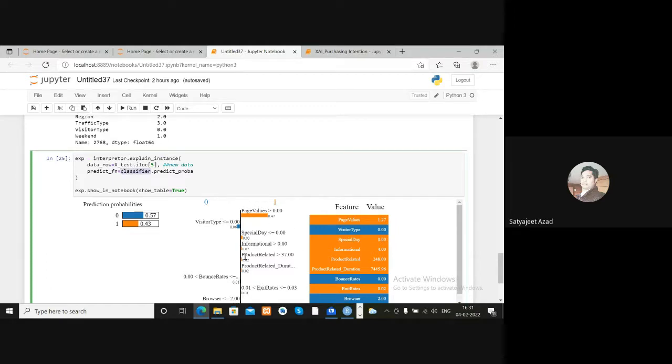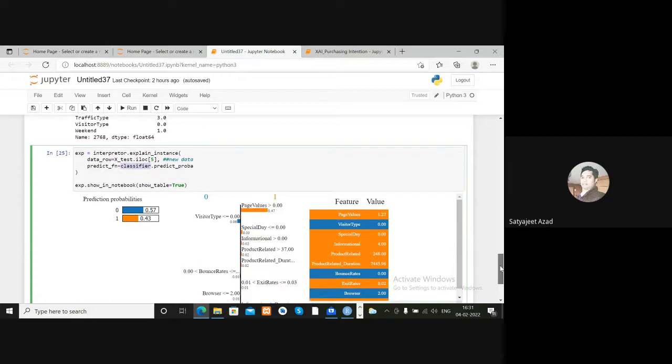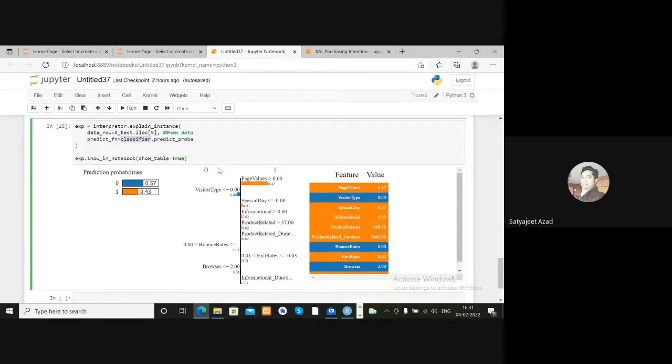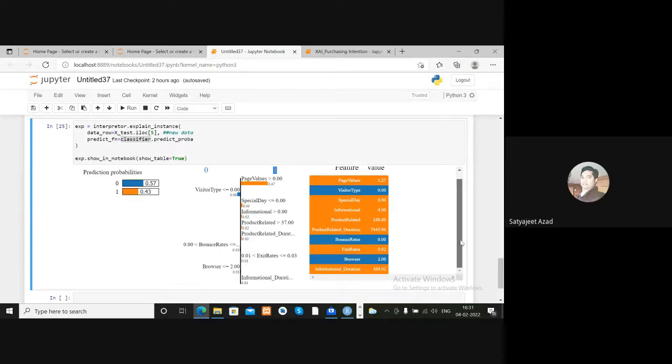These were the features basically. Now what is making 0 and 1? 0 means there is no purchasing intention, and 1 means purchasing intention. So what is making people purchase? If you see this orange one, page value, special day, informational, product related duration, exit rate, all these features are making people purchase.